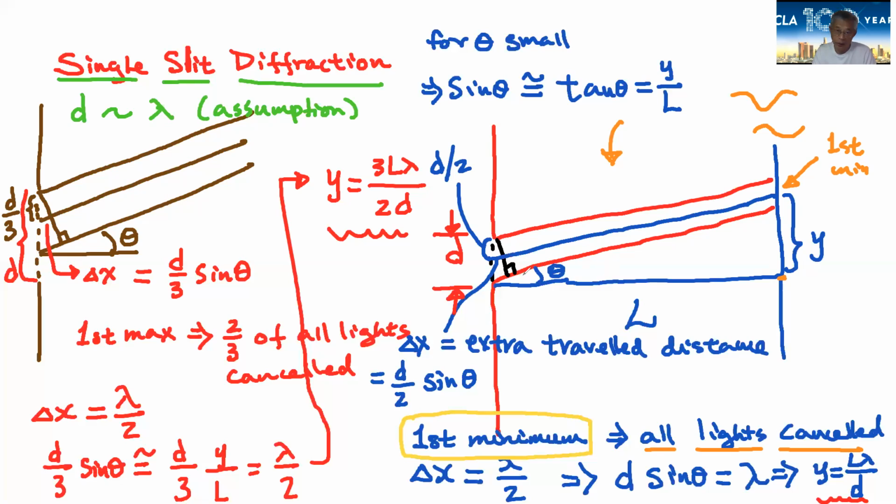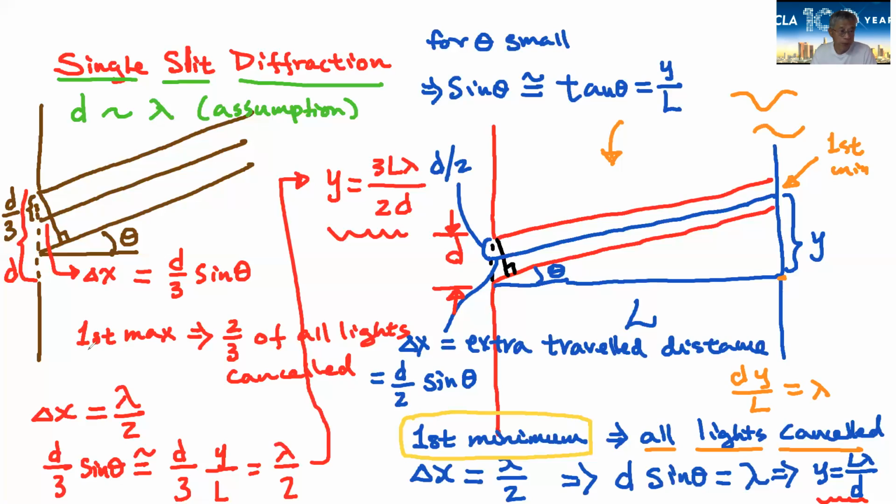When theta is very small, sine theta is approximately equal to tangent theta, which is Y divided by L. So we put Y divided by L into the sine theta location: D times Y divided by L equals lambda. Rearranging, Y is equal to L lambda divided by D. That's how you find the location of the first minimum.